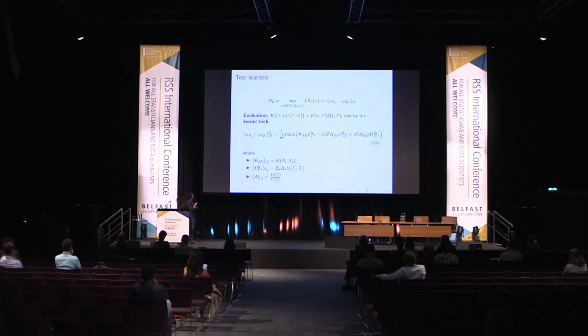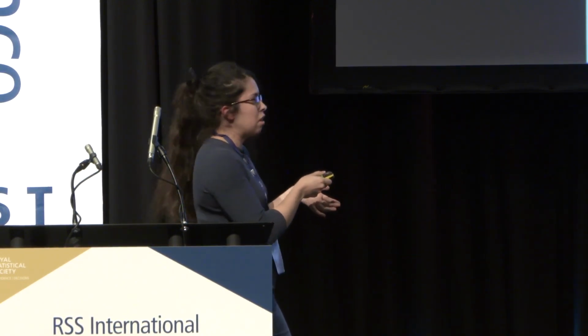But our test statistic, which is the supremum of log rank tests, or can be understood as the supremum over score tests, is just the norm of the difference of these two embeddings I showed you before. Furthermore, we are using a reproducing kernel Hilbert space, which is characterized by a kernel function. So instead of picking a Hilbert space, which is very complicated, we just fix a kernel, the reproducing kernel of the Hilbert space.